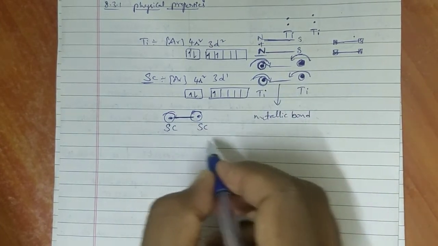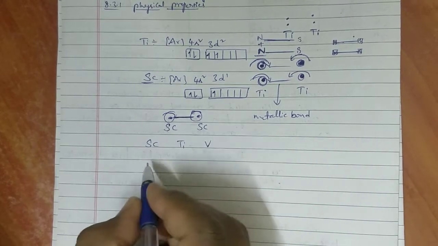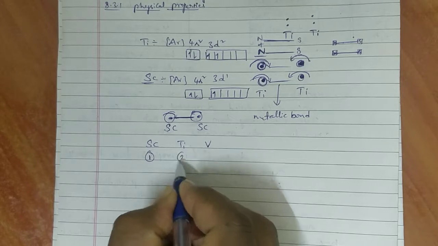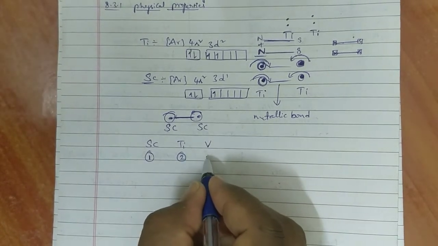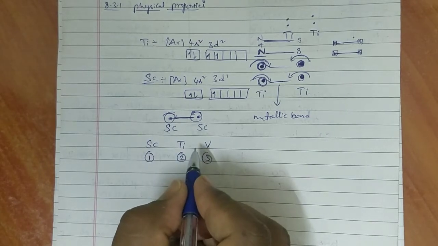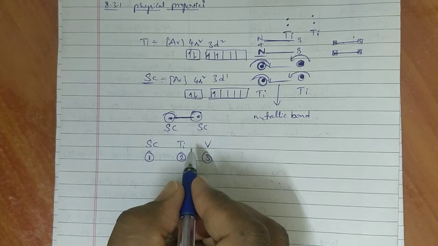So when the attraction is increased, see scandium, titanium, vanadium. Scandium has one unpaired electron, titanium has two unpaired electrons, vanadium has three unpaired electrons. Like that, the number of unpaired electrons increases. When the number of unpaired electrons increases, attraction increases. That means interatomic forces increase.